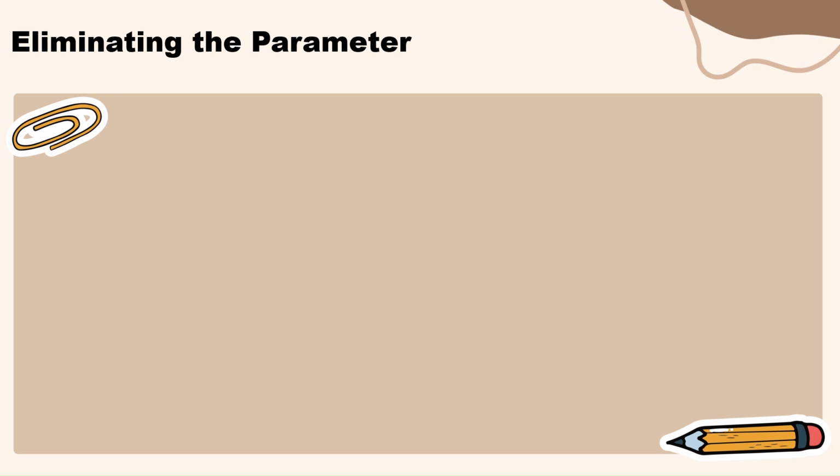Okay, our next topic would be eliminating the parameters. So, if you're going to find the rectangular equation that represents the graph of a set of parametric equation, that process is called eliminating the parameter, wherein the parameter t will no longer be seen in our equation, since our equation will be in terms of x and y only.